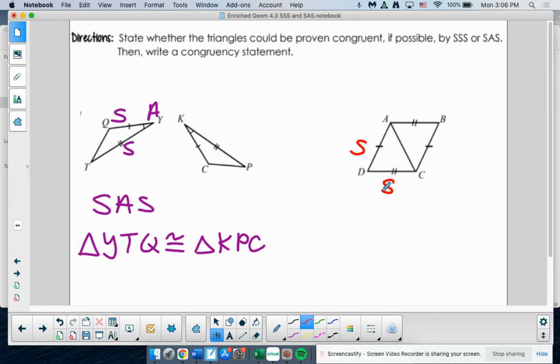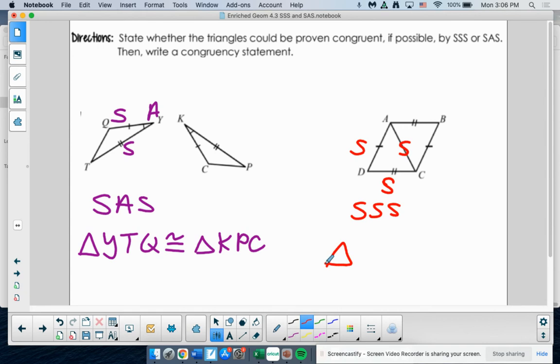Do you guys see how if I trace out triangle ADC and I trace out triangle ABC, I overlapped right here? My triangles overlap. They share this side AC. Well, since they share that side AC, we know it's equal to itself.